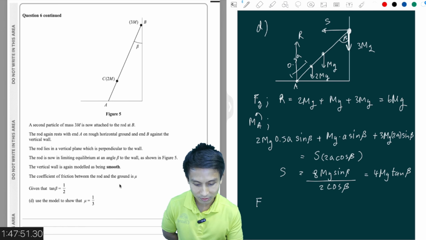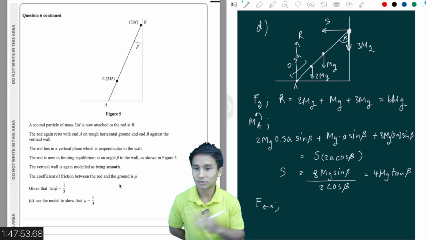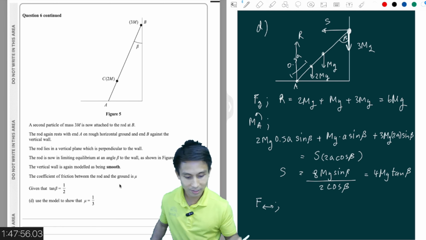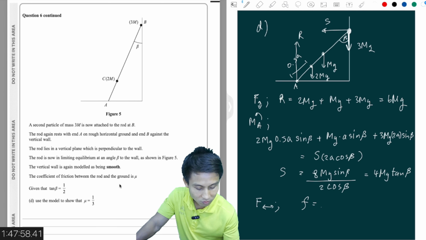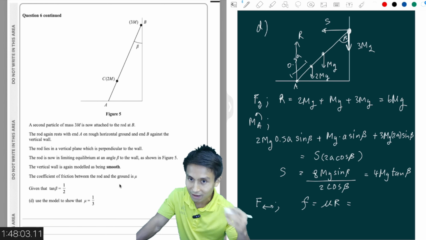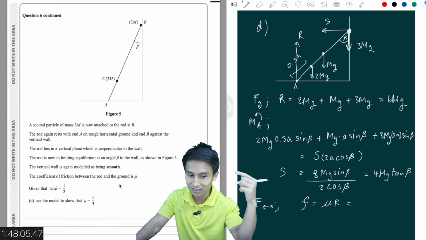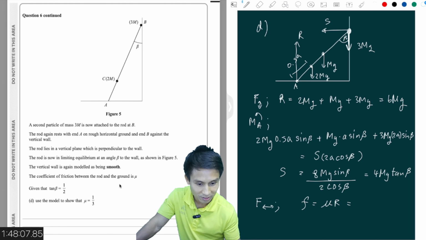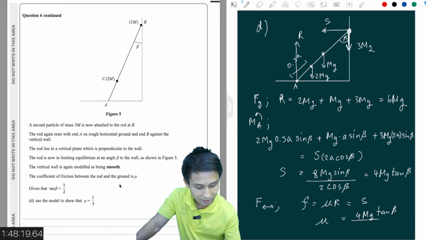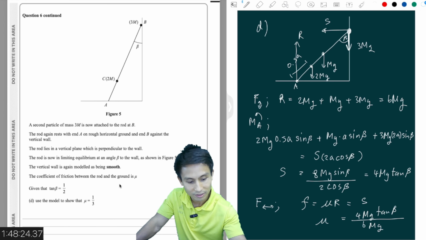And then lastly, we consider the horizontal equilibrium, because this is again limiting equilibrium. That means F equals mu R would have to be equal to S, because S is the only force acting against friction there to balance it. So we put it equal to S. That means mu equals S over R, so 4mg tan beta divided by R, which was 6mg, this guy right here.